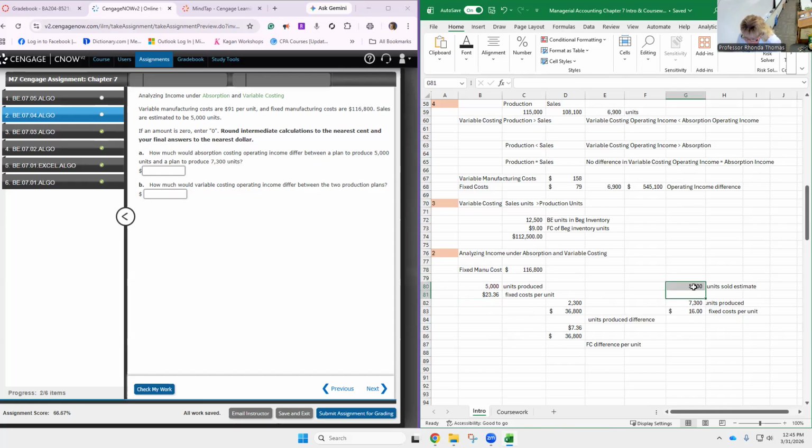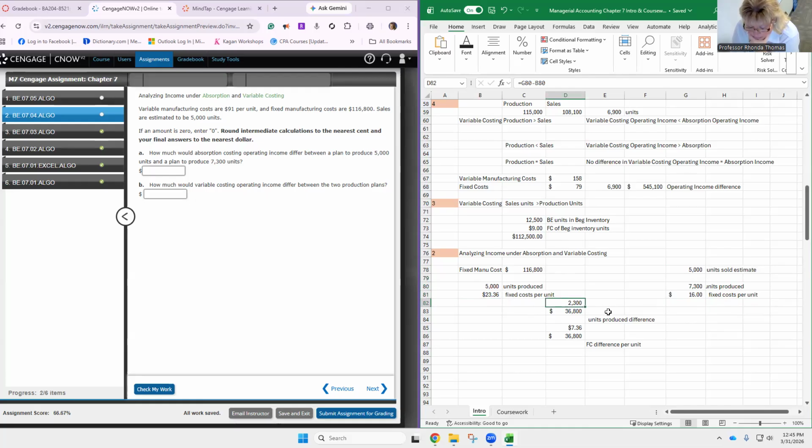Okay, and then if we change that to 7,300 units, and we divide 7,300 units into 116,800, it would bring the fixed cost down because you're spreading out this fixed cost over more units produced. And that's why we're getting this down from $23.36 to $16.